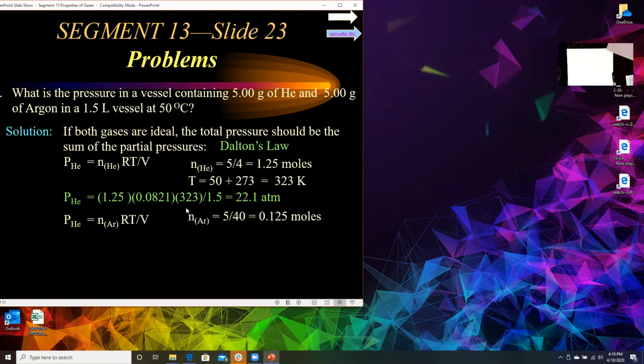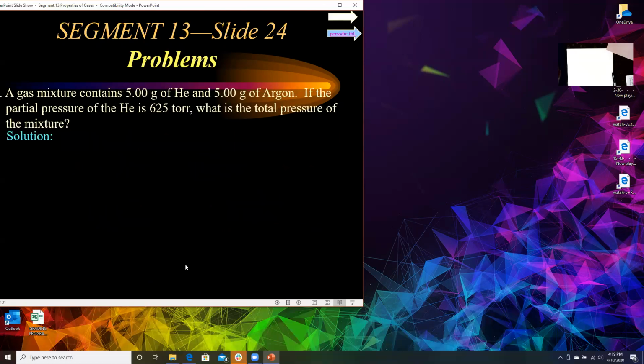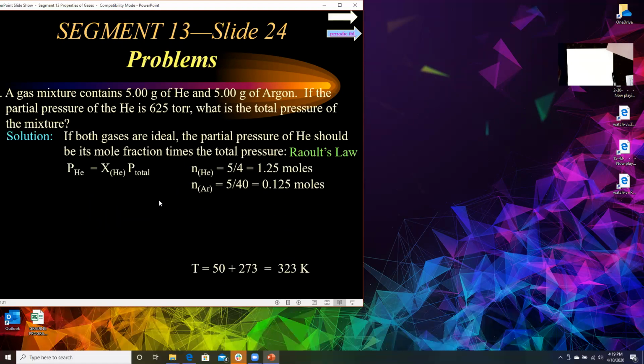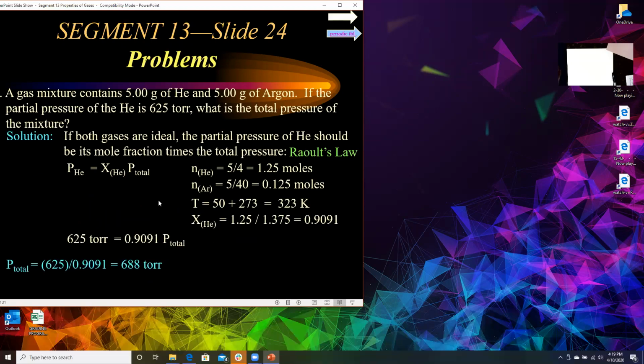For the argon, the number of moles would be this value, and it would be 2.21 atmospheres. Total pressure is the sum of the partial pressures. Both gases are ideal. We've got a Raoult's law problem. There are the values, and there's the result.